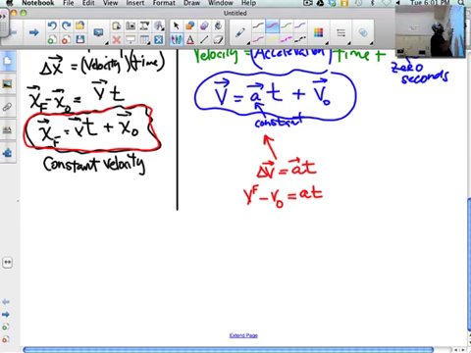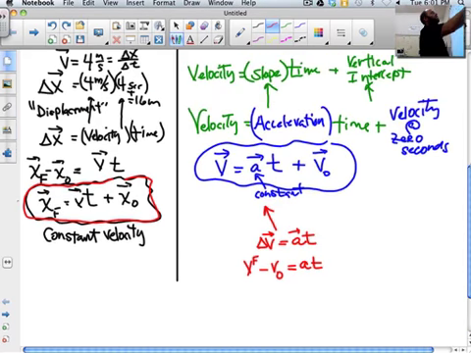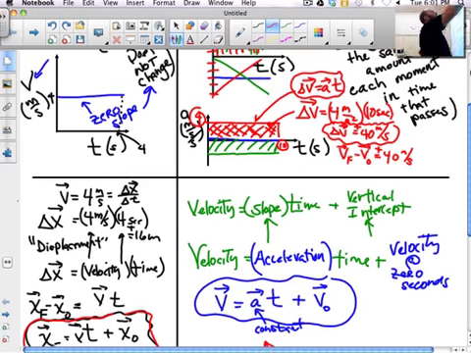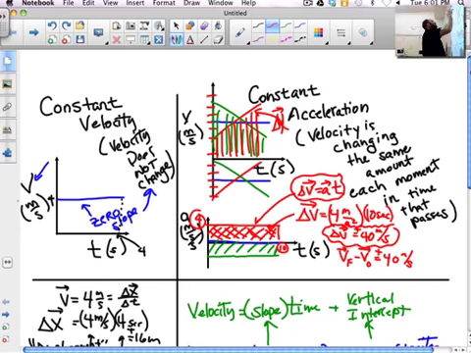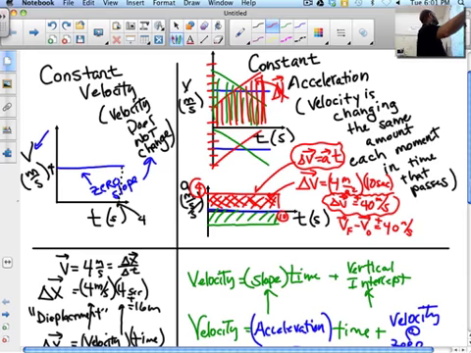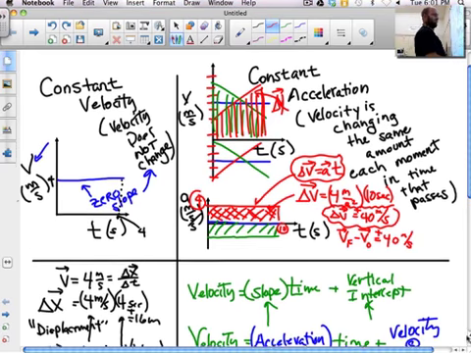And if I take the area underneath this graph, notice it's a trapezoid. So the area of a trapezoid, let me redraw this down below.